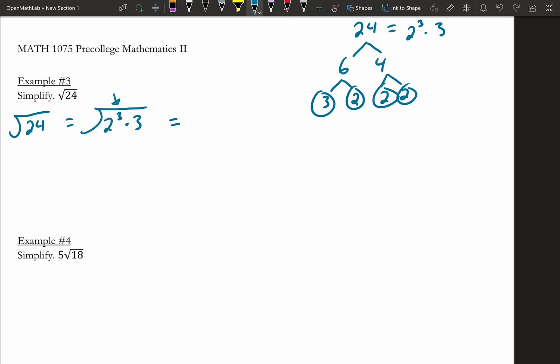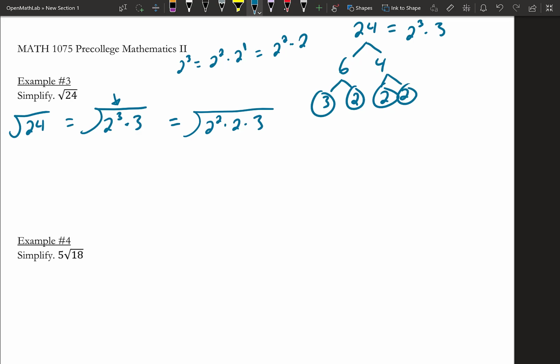So I could rewrite 2 cubed as 2 squared times 2 to the first power, which is the same thing as 2 squared times 2. So this would be equal to the square root of 2 squared times 2 times 3.